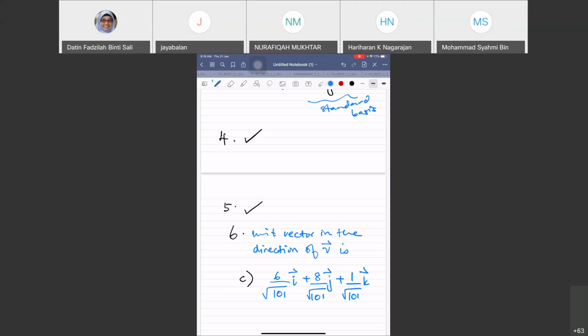This will be the unit vector in the direction of vector V, and that V for C is given as 6, 8, 1.